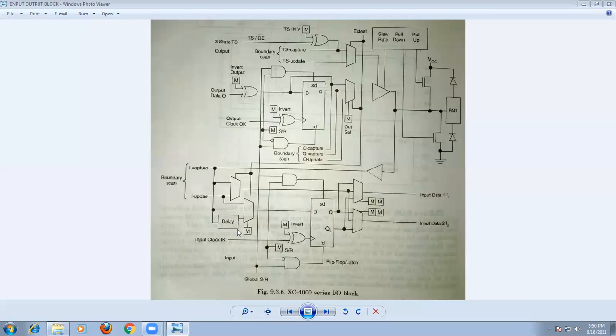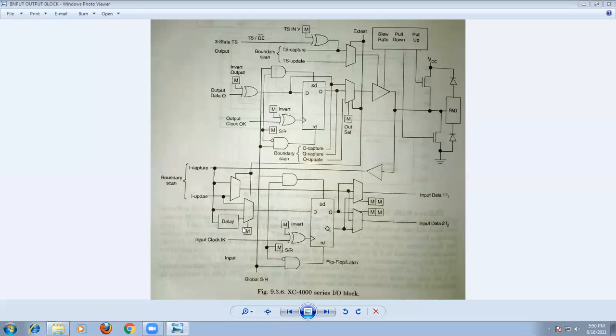Similarly, we have the 4000 series, and the advanced version in this case is the 4003 series. This is the minimum series. Depending upon this 4000 series, we already discussed the number of gates and the number of CLBs required.